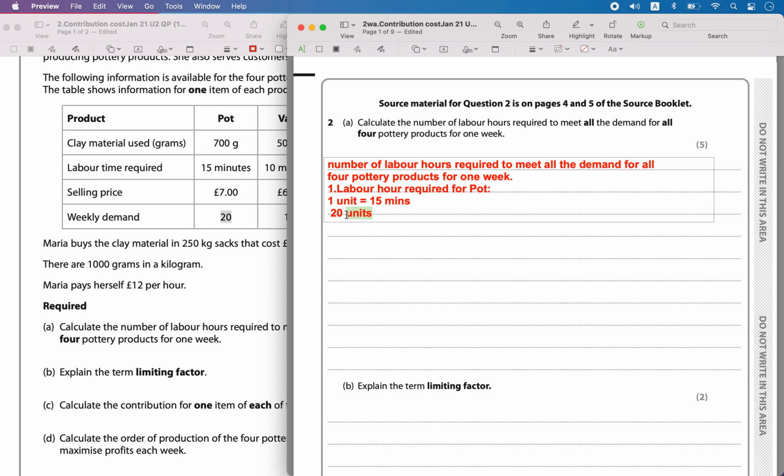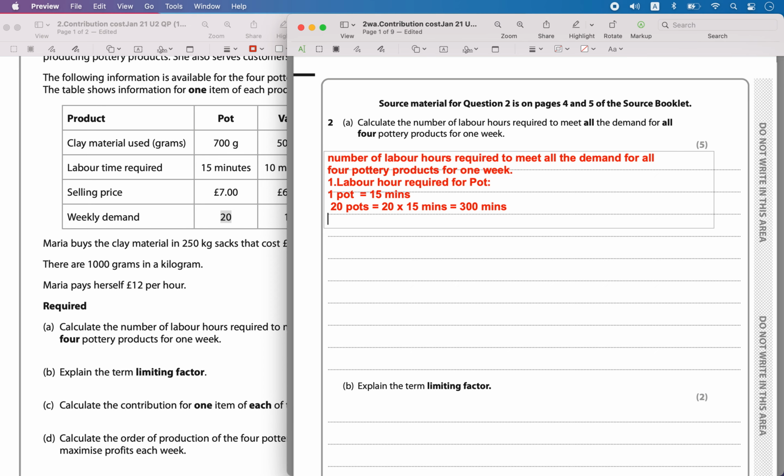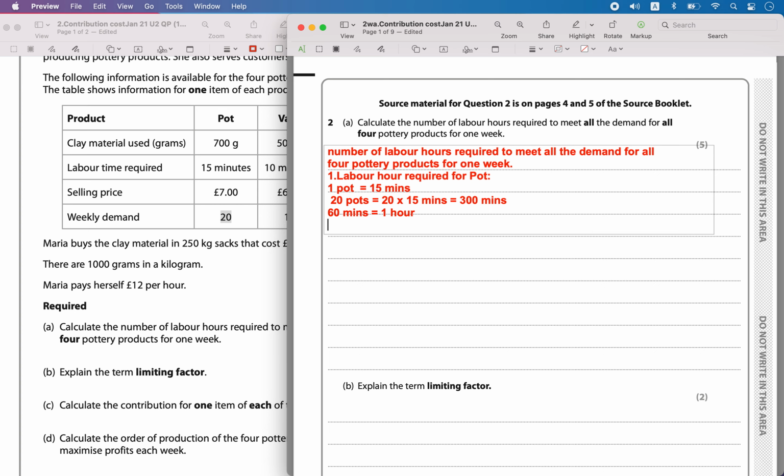So the weekly demand is 20 pots. To make one pot she takes 15 minutes, so to make 20 pots she will take 20 into 15 minutes, which is equal to 300 minutes. Now let's convert it into hours. 60 minutes is equal to 1 hour, so 300 divided by 60 is equal to 5 hours.